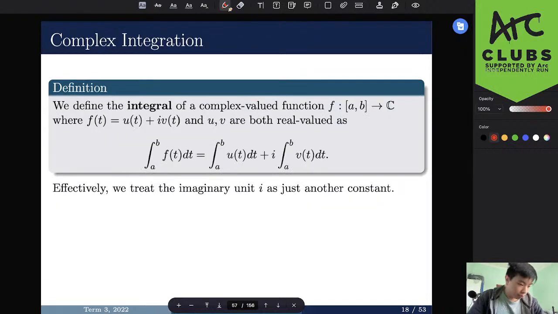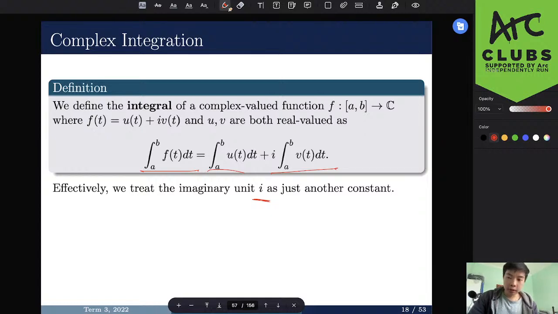So we have the complex integral, and if we can split up some function f into its real and imaginary components, we actually see that the integral of f is equal to the integral of the real part plus i times the integral of the imaginary part. And of course the rules of real integration apply, since we just treat i as some constant, right?